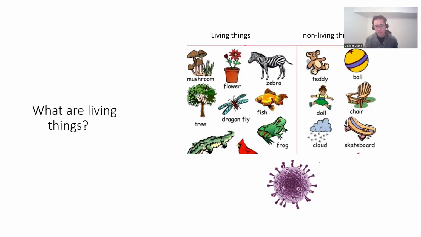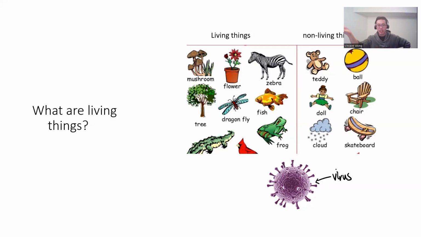And virus, that's what this is. This is a virus. It's one of those things that scientists always have a hard time classifying as a living thing or a non-living thing, because it has a potential for life, but it's not really alive on its own.